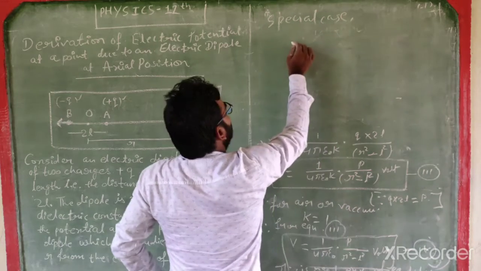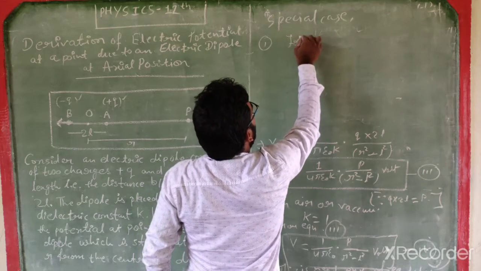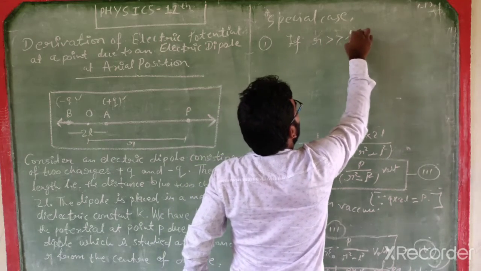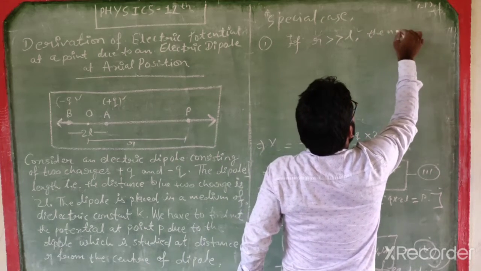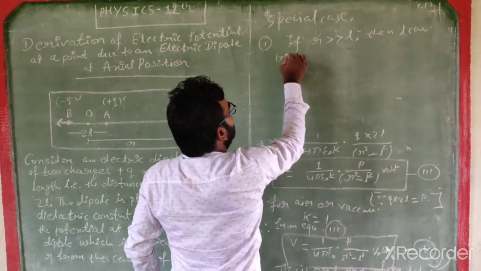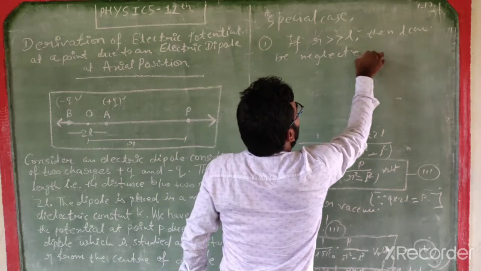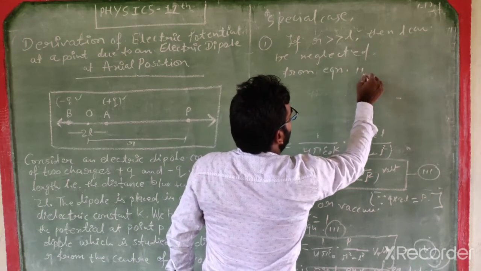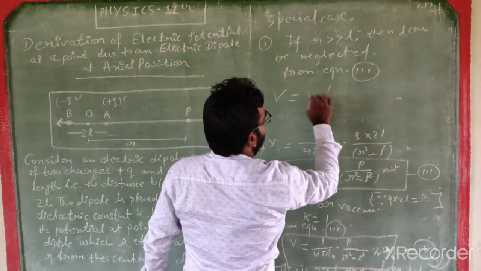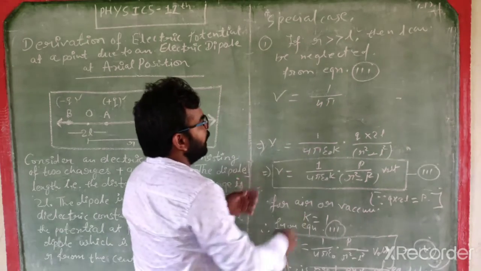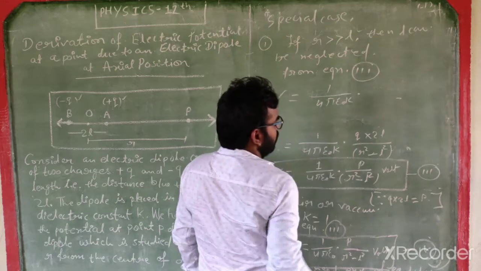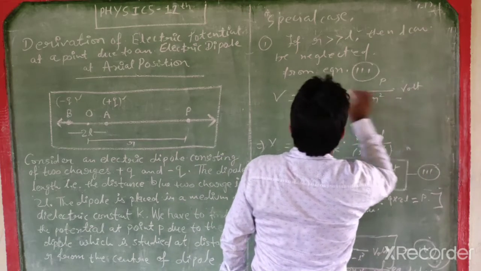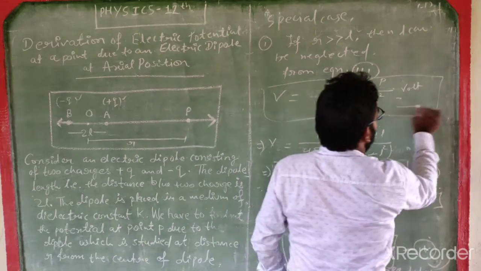If R is greater than L, then L can be neglected, and from equation number third, we have V is equal to 1 upon 4 pi epsilon naught into K by P upon R square, volt. That is equation number 5.